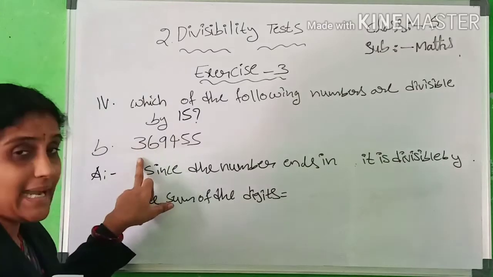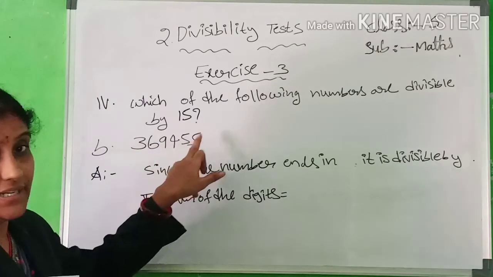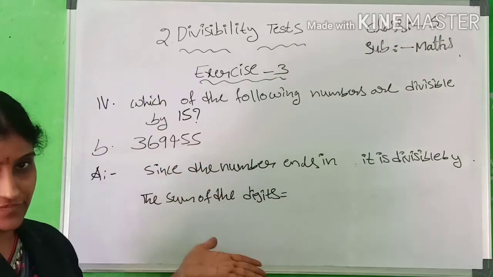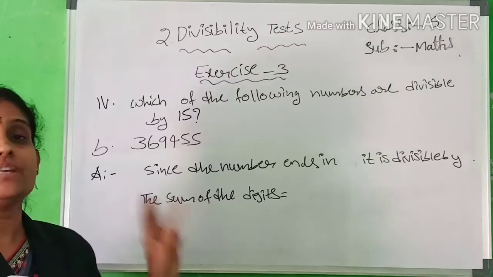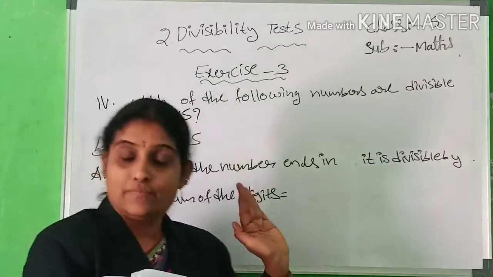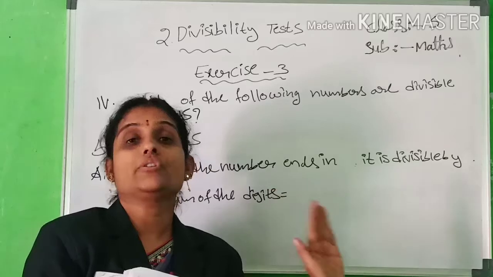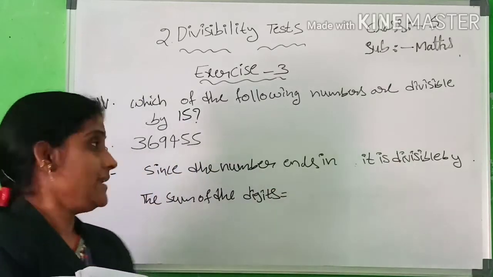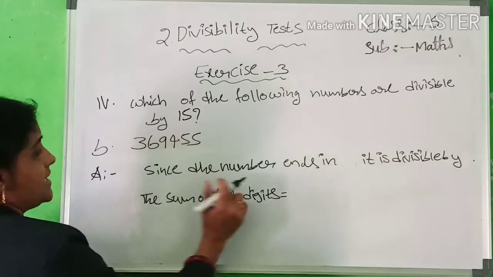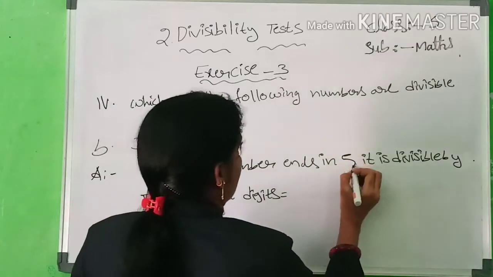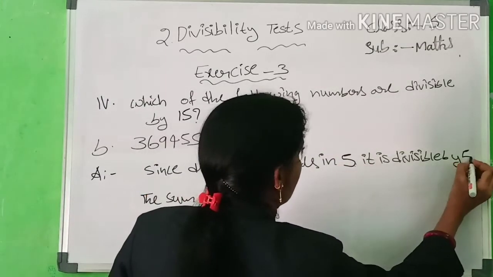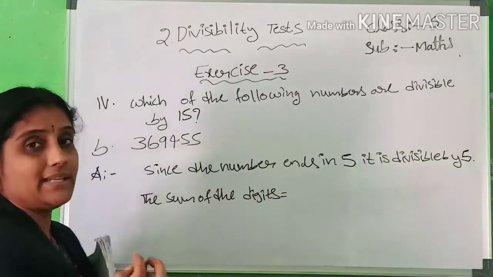B1. 3,69,455 is divisible by 15 or not? First you have to check the divisible by 5 rule. Then you have to check the divisible by 3 rule. Since the number ends in 5, it is divisible by 5. What is the divisible by 3 rule?